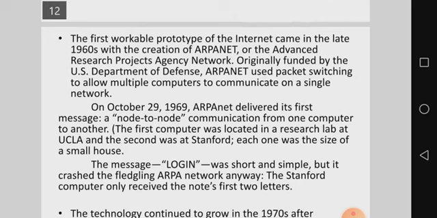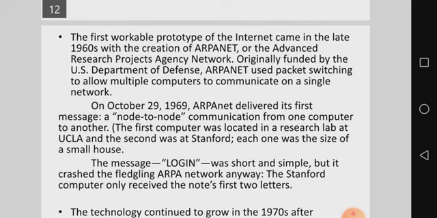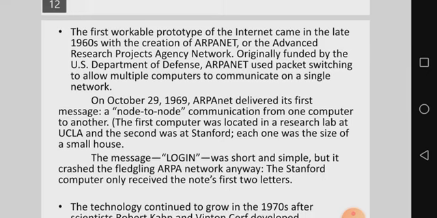So let's talk about it. The first workable prototype of the internet came in the late 1960s with the creation of ARPANET, or the Advanced Research Projects Agency Network, originally funded by the US Department of Defense. ARPANET used packet switching to allow multiple computers to communicate on a single network.